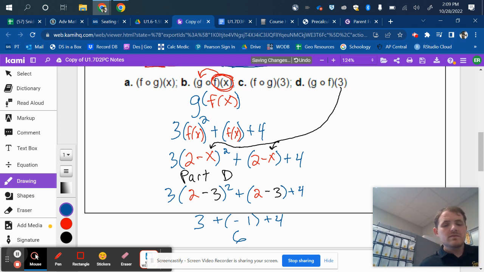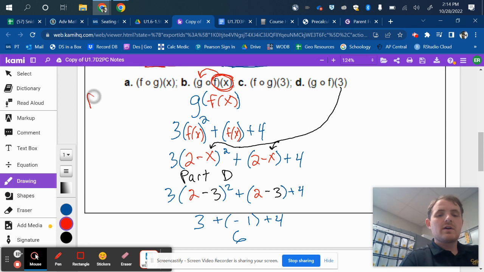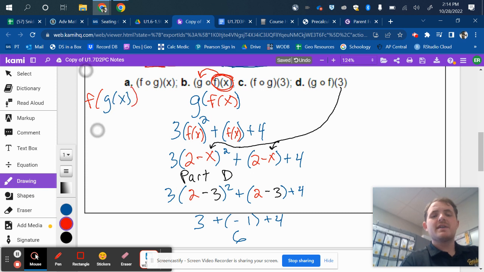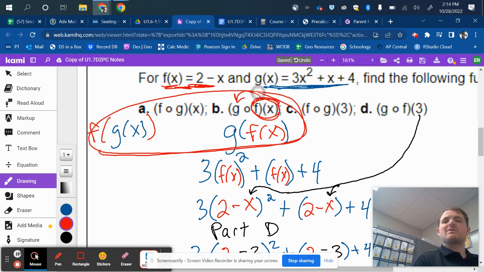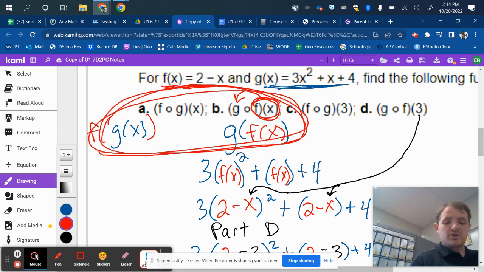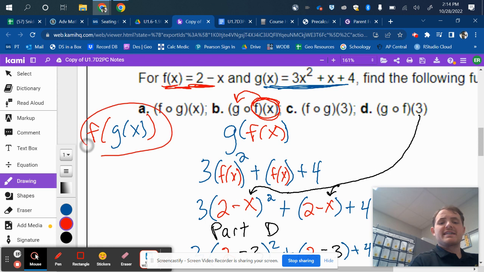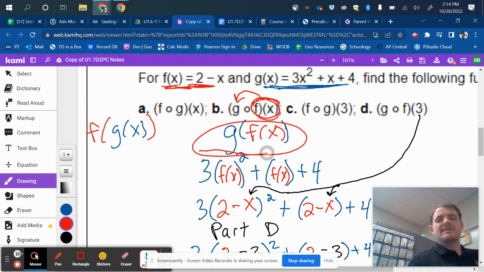Now, I start out with my f of g of x. Again, that was new for a lot of us. If you walk away from class and you only get this, that's what I need. I just need you to be able to understand when you see f of g, it means this. When you see g of f, it means that.